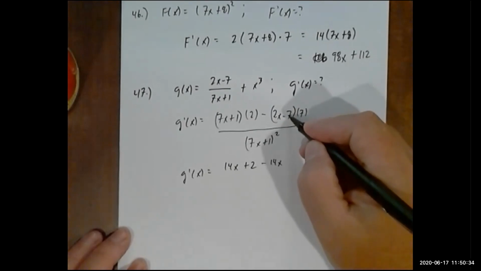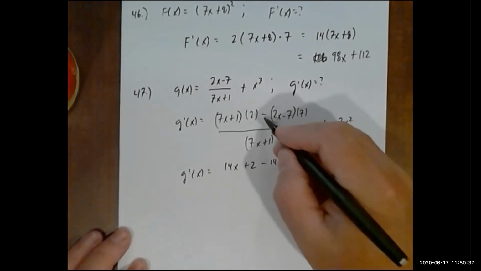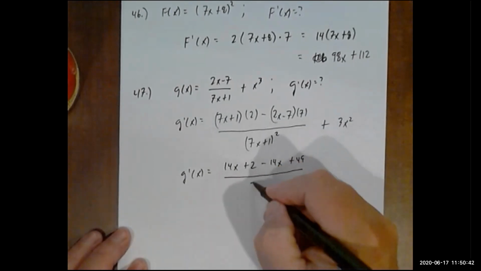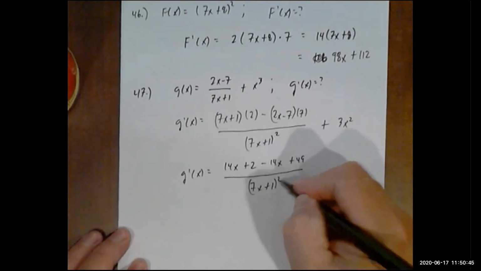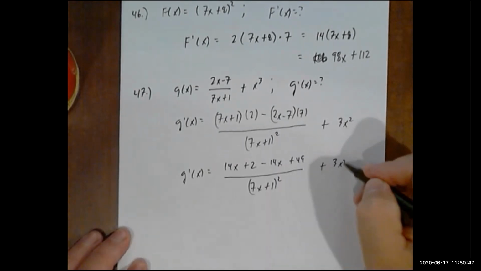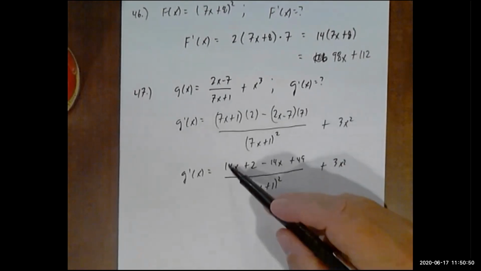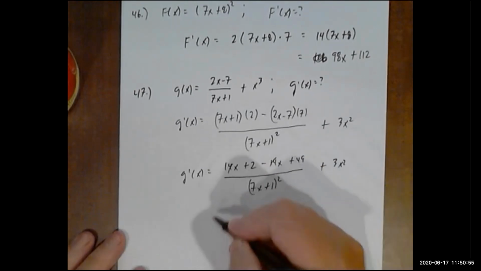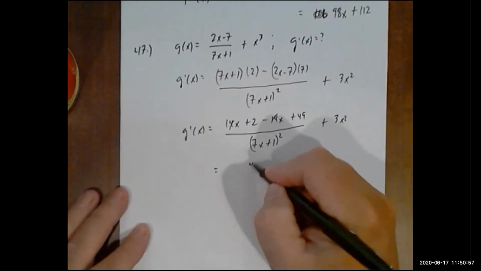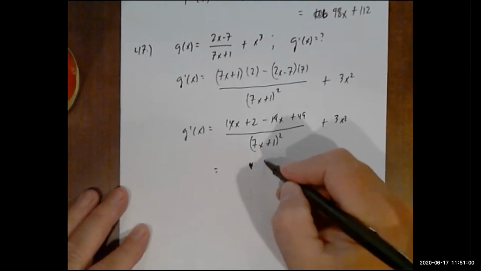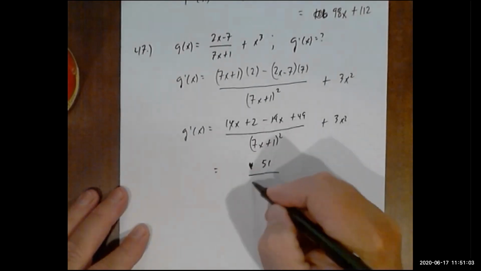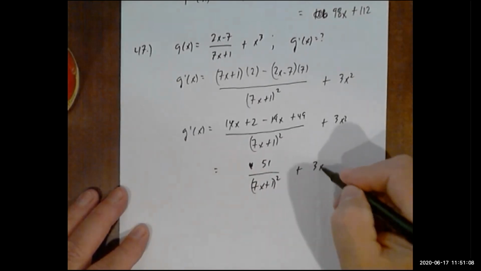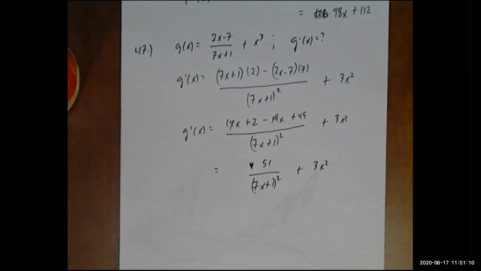And then 7 times negative 7 is negative 49, but since it's negative, it's plus 49 over 7x plus 1 squared plus 3x squared. It's interesting, when I combine like terms, 14x minus 14x actually cancel out. I'm left with 2 plus 49, so 51 over 7x plus 1 squared plus 3x squared.